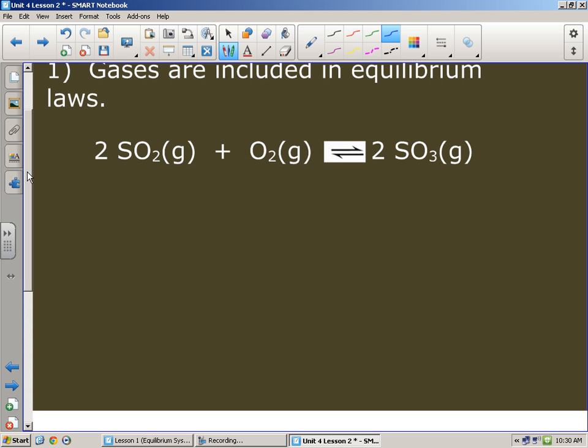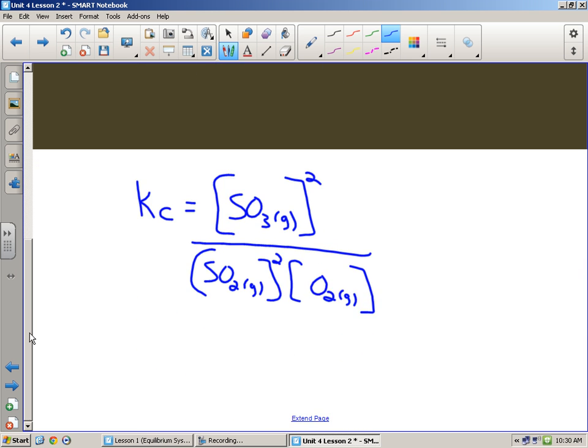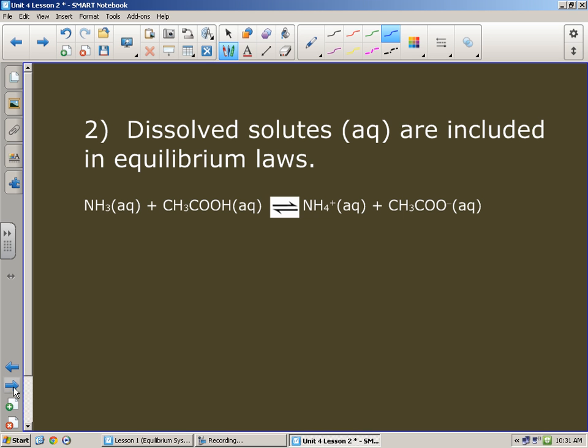Okay, so 2 is the coefficient. We're going to raise that to a power in O2. Products over the reactants. Okay, so that could be an equilibrium law to represent this. All right, good. Questions, anyone? Products over reactants. And yes, the square brackets means concentration, so we'll be doing something with that shortly here.